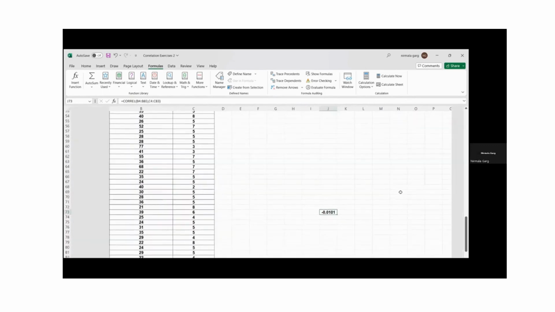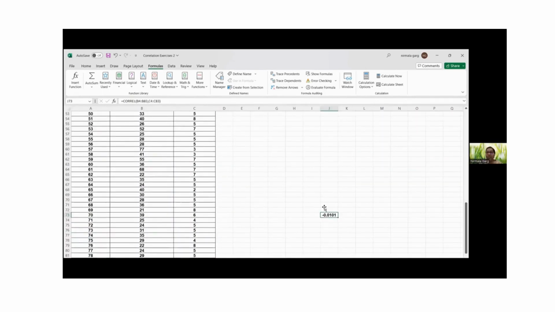So what does it mean? Just write this: -0.01. Yes, it is negative and also absolutely as good as no correlation at all, because the measure is from -1 to +1.